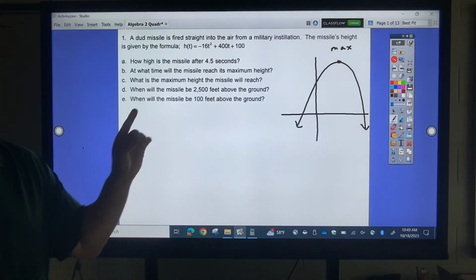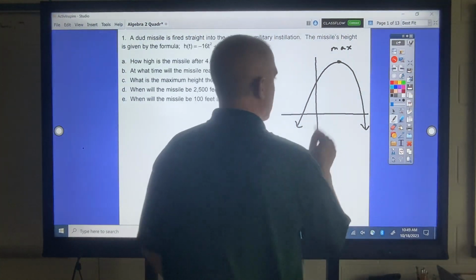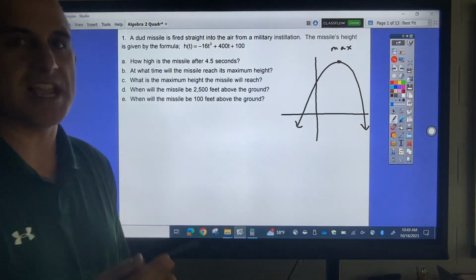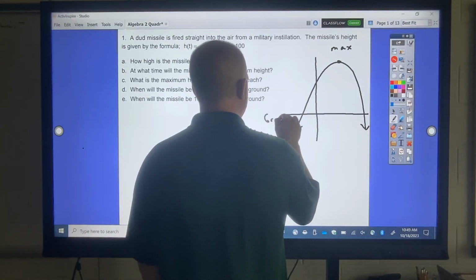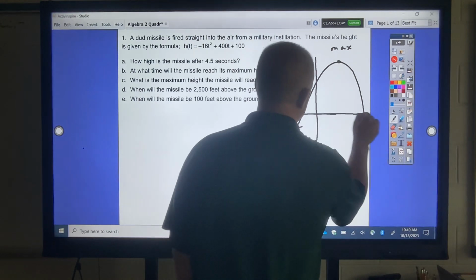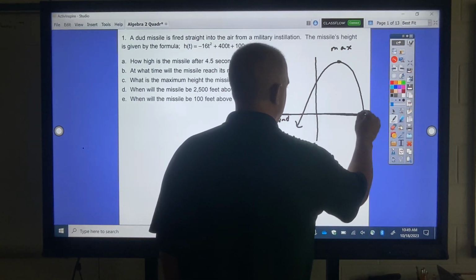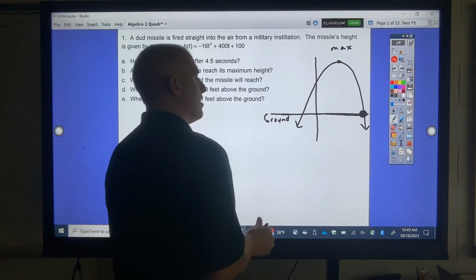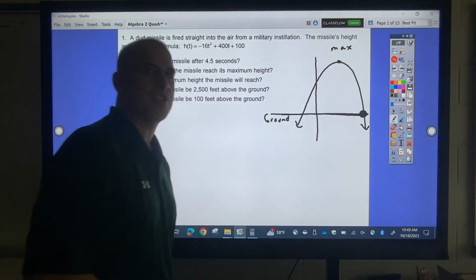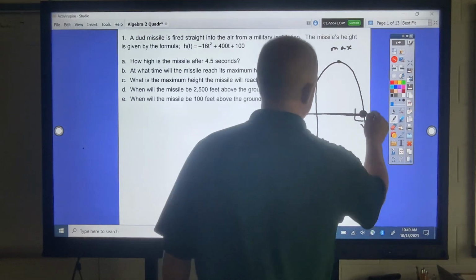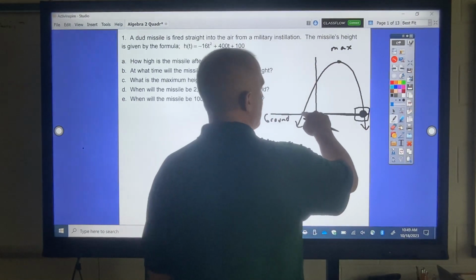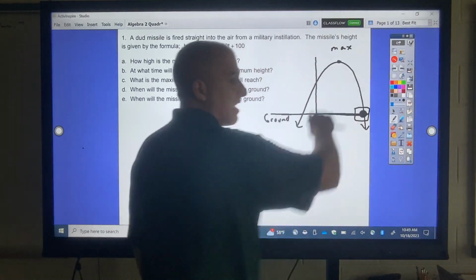Now, the other part is when does the thing hit the ground? This is where you have to have a little bit of analysis. This is considered the ground. What you're going to want to look at is the furthest one to the ground. This is what they're referring to. This oftentimes is when that thing is shooting or moving, etc.